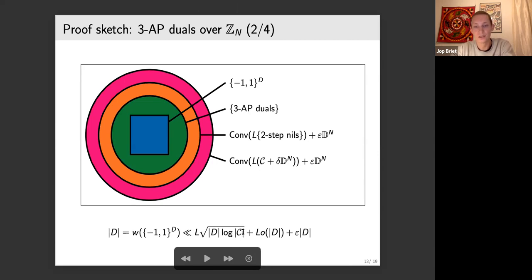So this delta net had size 2 to the little o of the cardinality of D. And so what you have in the root here is also little o of D. So it's comparable to this second term here.